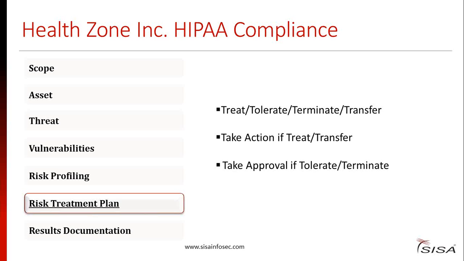So the complete risk management has been done. Now you have to take care of documentation. You have to document particular details so that you can prove at the time of audit that this particular activity has been done diligently. That will come in the result documentation.